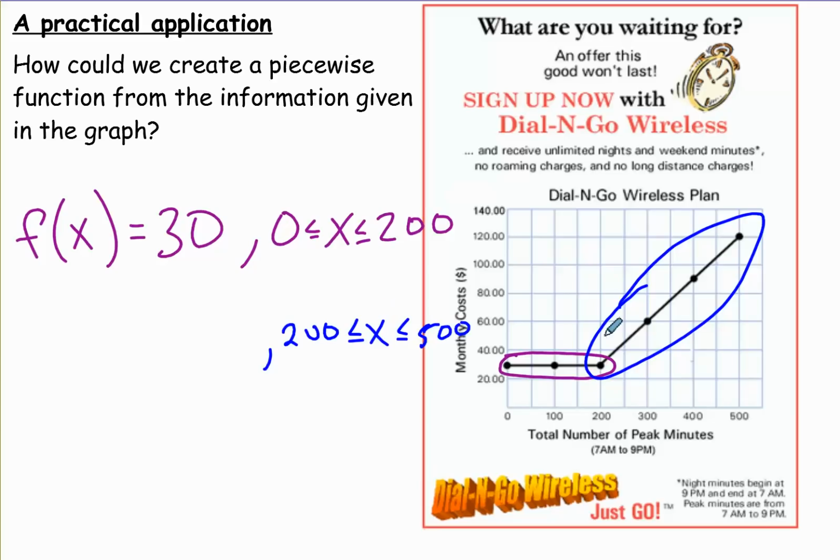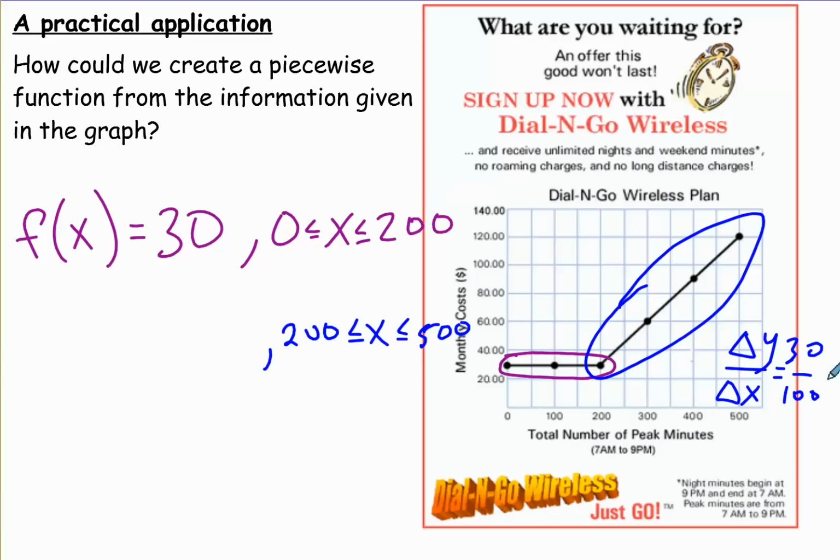Now what is this graph? Well, to go from 200 to 300, we went from $30 to $60, right? So right here is $30 and up to 60. So my change in y is 30, and our change in x is, from 200 to 300, that's over 100.